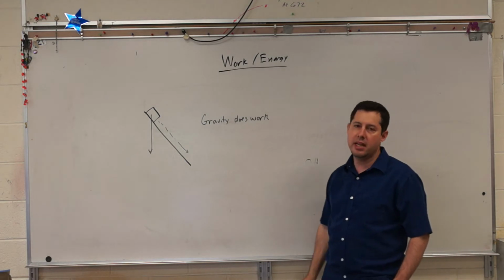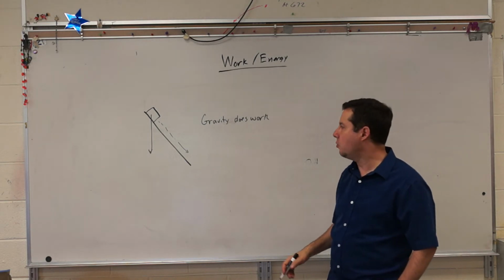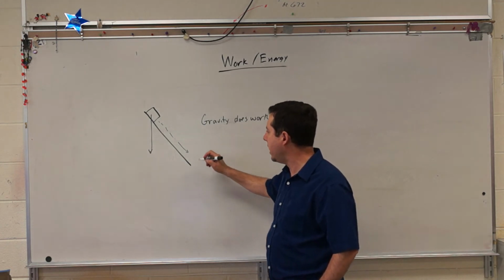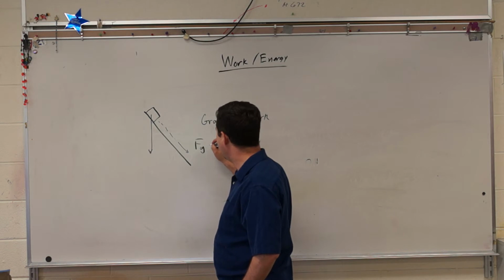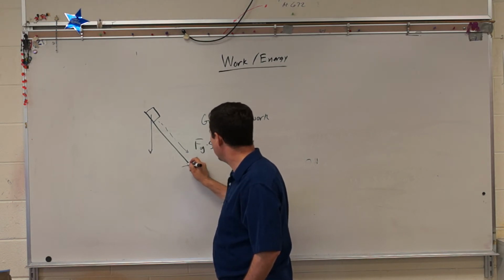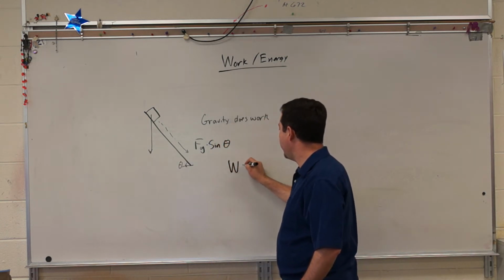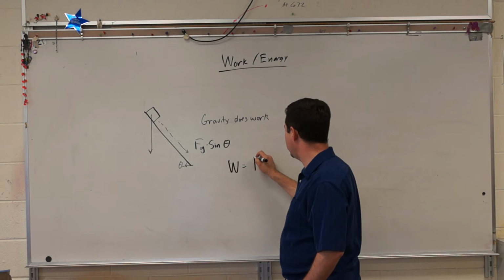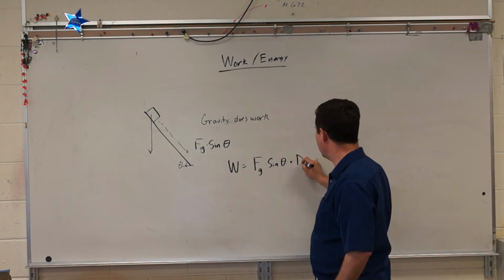That means you would need, in theory, to use force components to figure out what fraction of gravity is pulling it down. And it turns out to be the weight of the object, F sub g, times the sine of the angle, theta. So your work would end up being your force down the incline, F sub g sine theta, times the distance you travel.